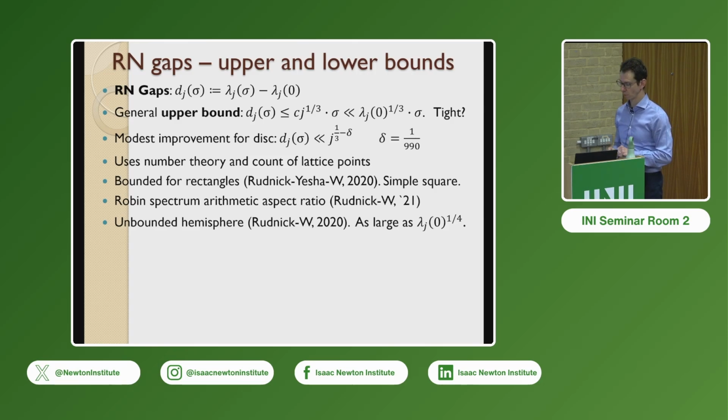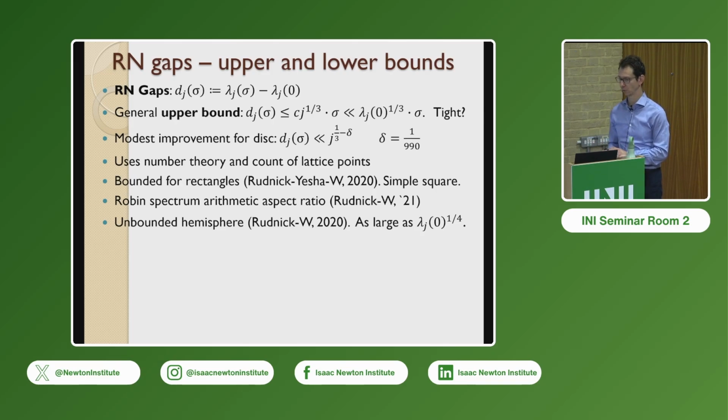We can use the Weyl law to translate it and express it as a function of lambda_j, the corresponding Neumann eigenvalue, to the power 1/3 times sigma. For the particular case of the disk billiard, we can improve very slightly the exponent of 1/3 by using some lattice point techniques and number theory. The improvement delta is 1 over 990, and this is what I alluded to in the very first slide.